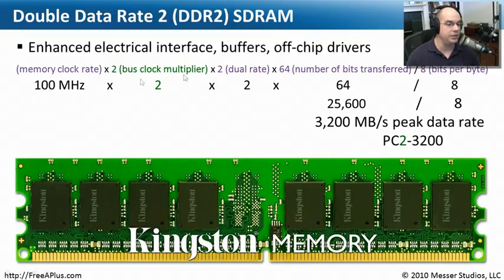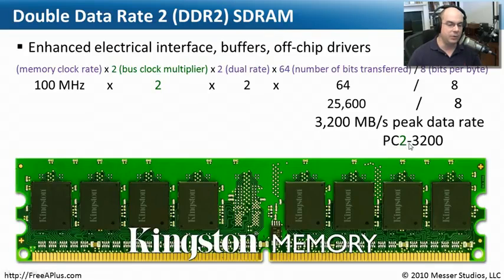The only thing that changed here, in the case of calculating this for a 100 megahertz clock rate, is that I'm changing the bus clock multiplier for DDR2 from a 1 to a 2. So it's the same calculation, except now I have 25,600 as my number of bits transferred. That's the number of bits at a peak data rate. If I divide by 8, that's the number of bytes, and I get 3,200 megabytes per second of peak data rate.